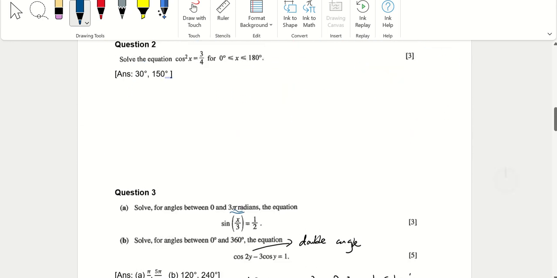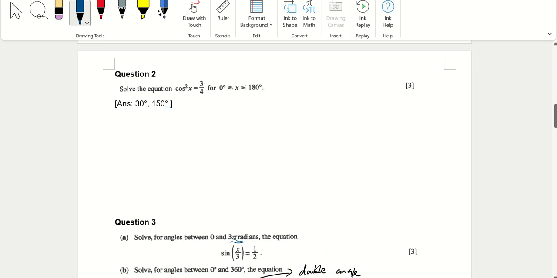Alright, let's look at question 2. Solve cosine square x equals 3/4. If I were to find cosine x, how do I remove the square? You can square root the 3/4.